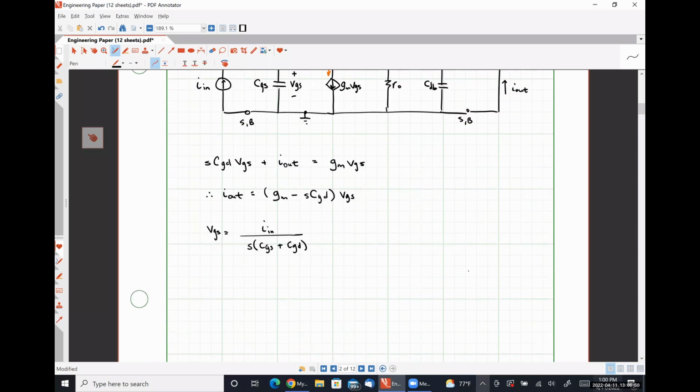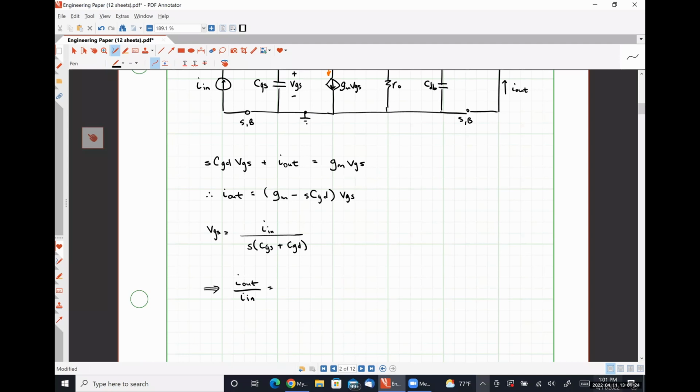And from here, we can get the short circuit current gain, I out divided by I in. So this is analogous to beta for a BJT. It will be a frequency dependent function. So if we substitute in our relationship for VGS into here, and then we divide both sides by I in, that's what we're getting.